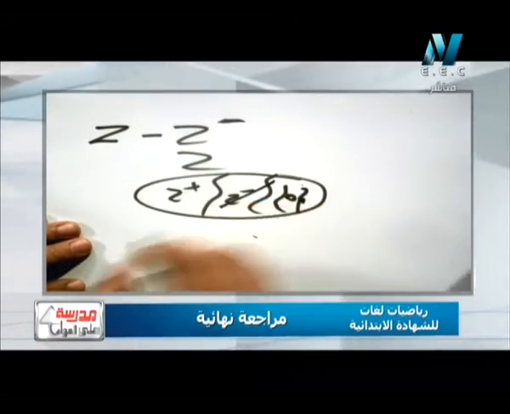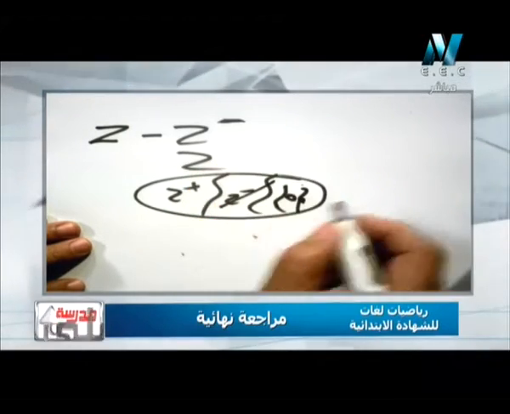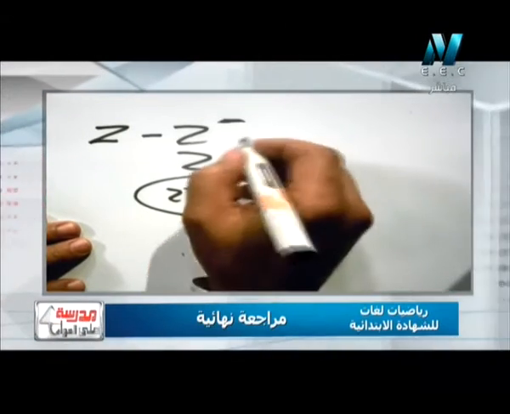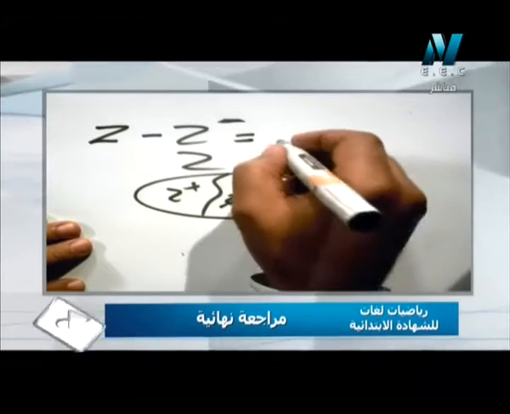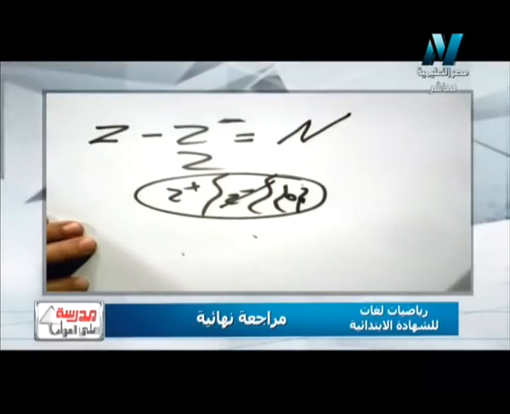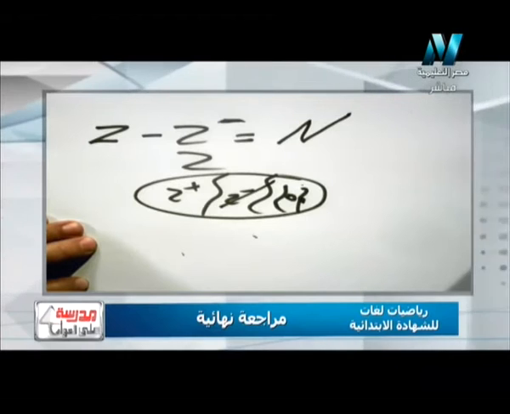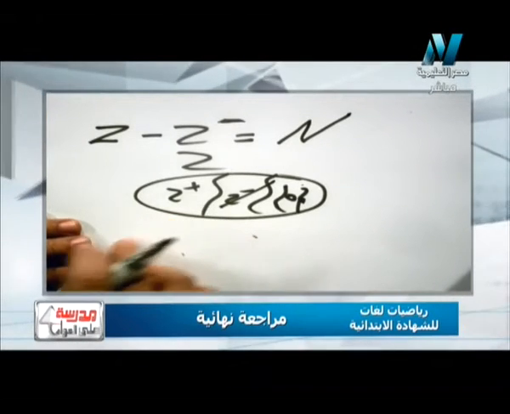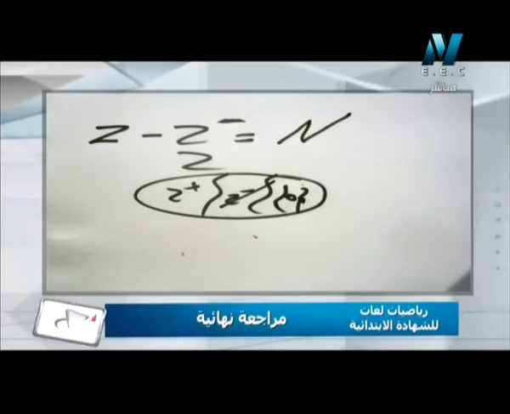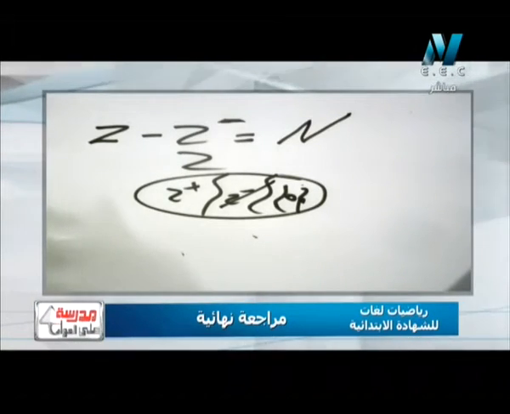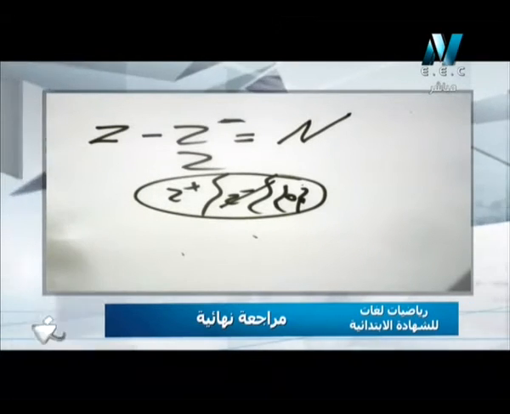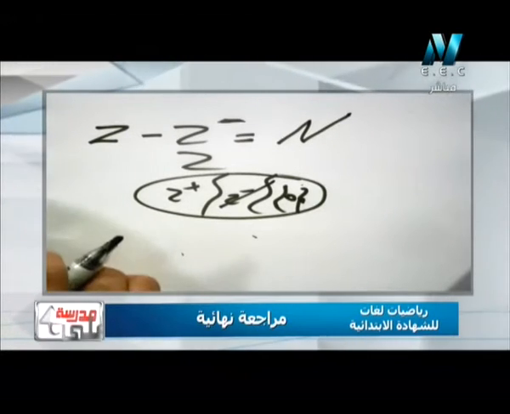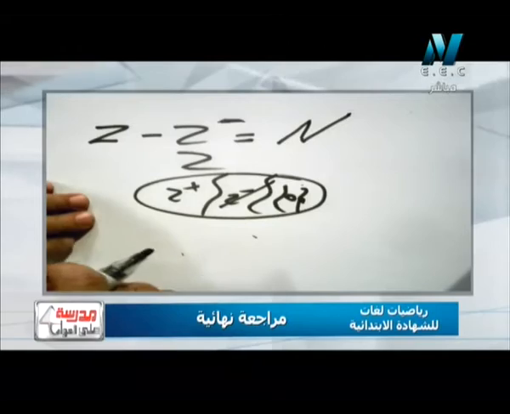Z consists of Z positive, Z negative, 0, the union of three different sets, as we said before. Z without Z negative gives us Z positive union 0, and we can write it as N. Z difference Z negative, the result will be N. Don't forget this diagram. Z consists of the union of three different sets, Z positive, 0, Z negative, or Z consists of N union Z negative.